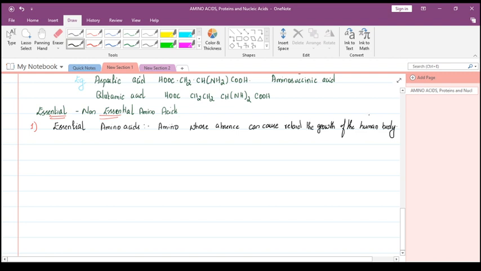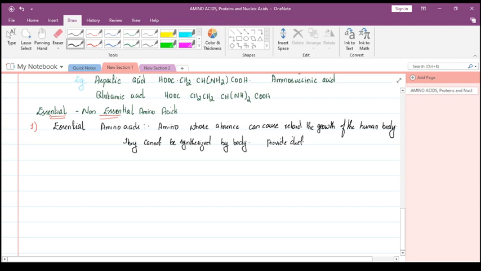Because the body cannot synthesize these amino acids. You have to give them through external diet or medicine, etc. That's why they are called essential amino acids. Another important point is they cannot be synthesized by the body. You have to provide them through diet.